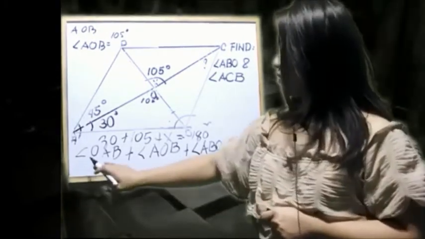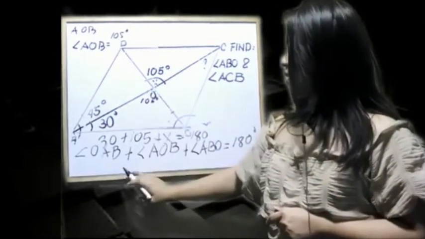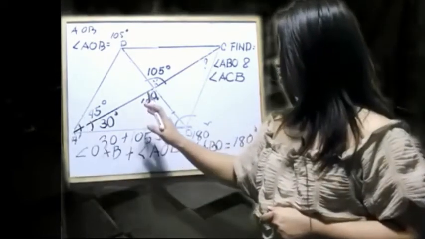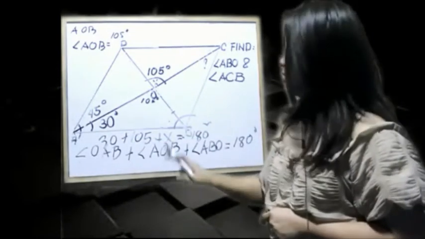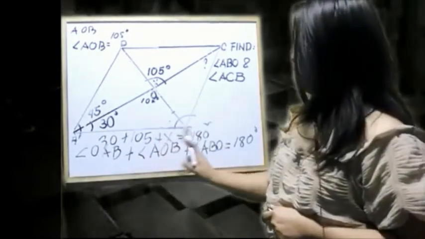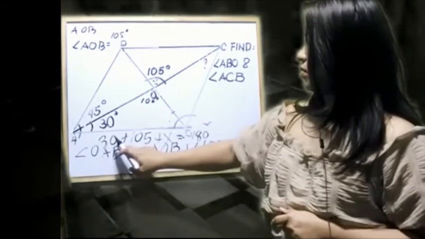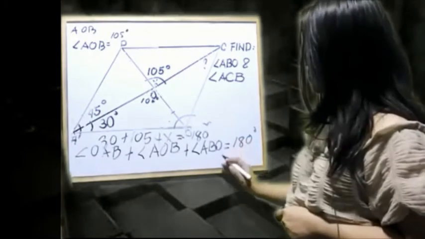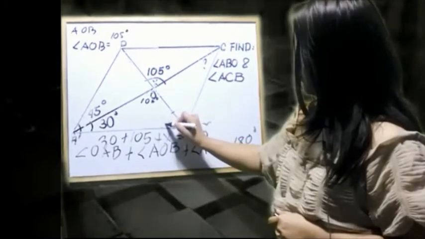So we already know the measure of angle AOB, which is 105 degrees, and we already know the measure of the angle OAB, which is 30 degrees. We're only missing one. So 180 degrees minus 135 will give you 45 degrees. So this one right here is 45.